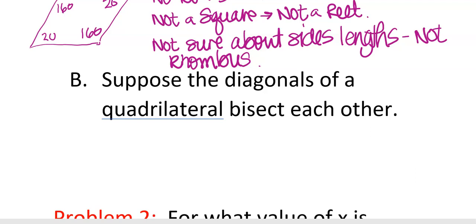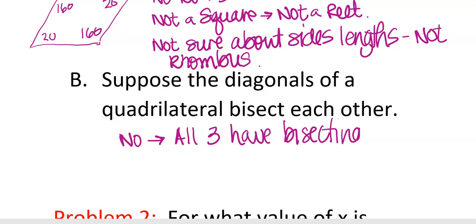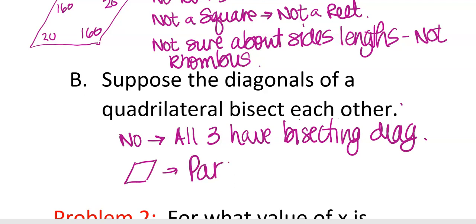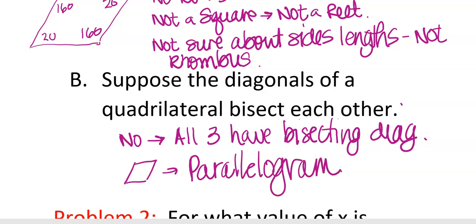It doesn't necessarily say anything about anything else. We're going to say no. So here, I think it's just a parallelogram because that's what it said way back. If the diagonals bisect each other, it's a parallelogram.